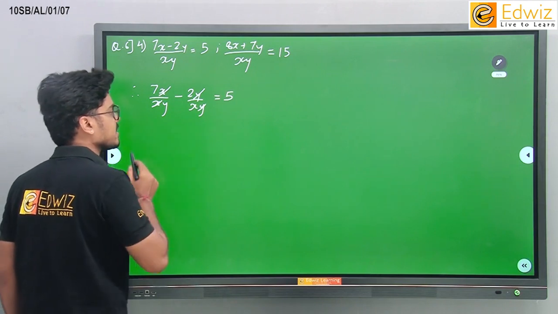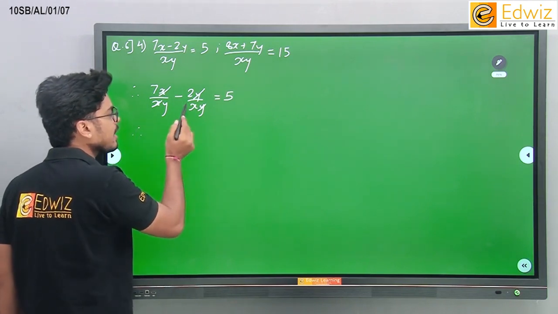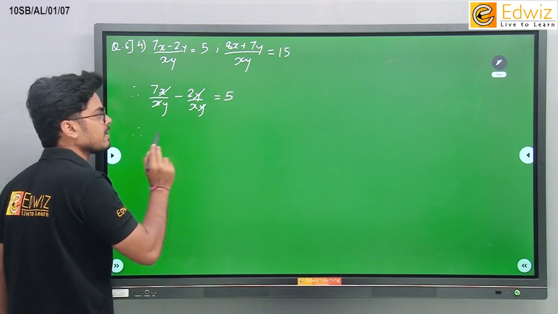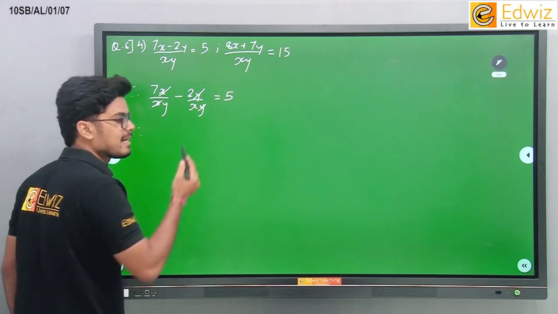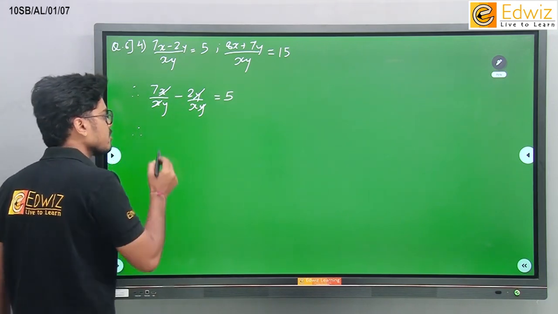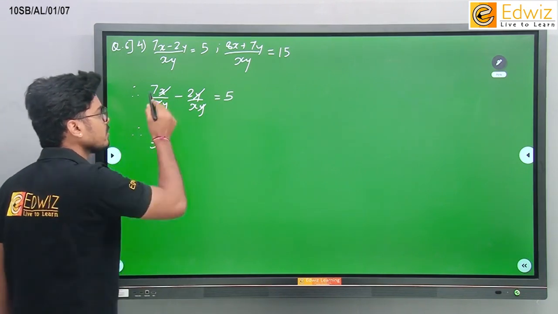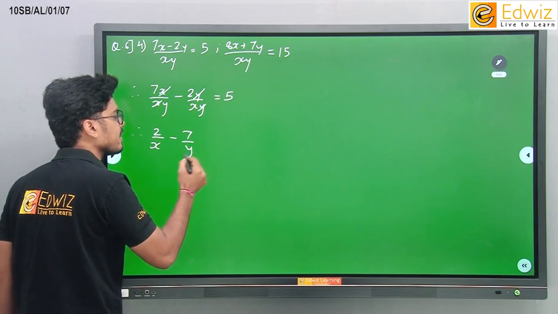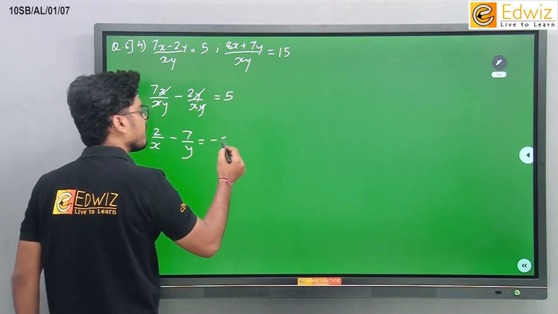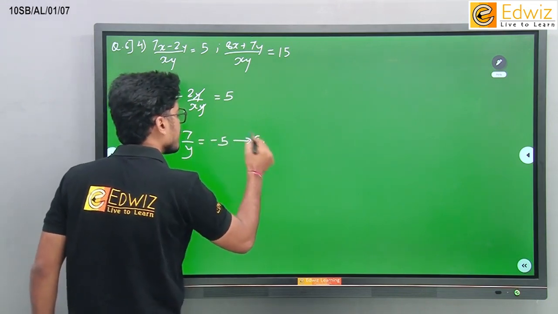So the first equation is actually, now यहाँ पर x वाला term negative दिख रहा है मुझे. I will take these two terms on that side and 5 on this side. So यहाँ पर 2 upon x अगर मैं positive लिखता हूँ, minus 7 upon y negative, then this will be negative 5. This becomes the first equation.